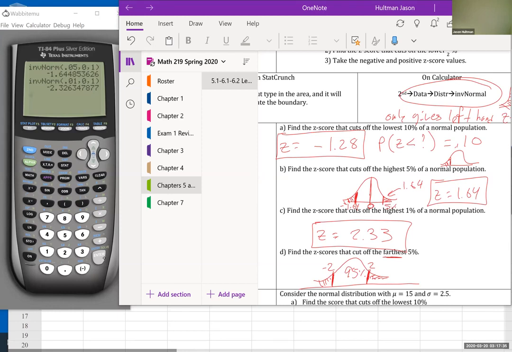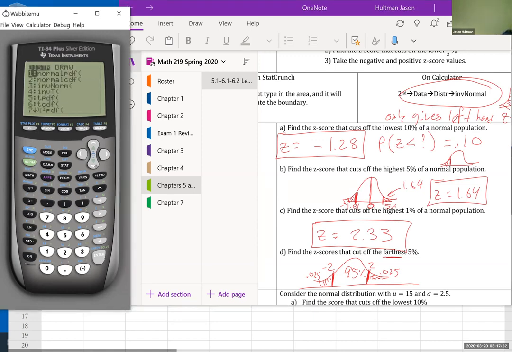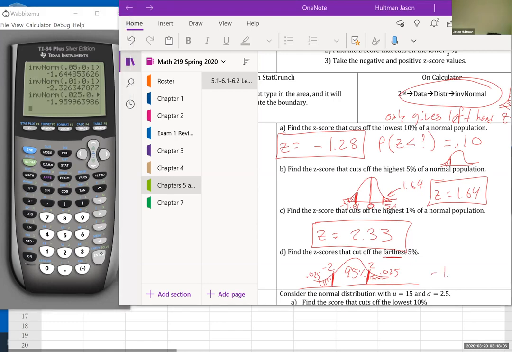If we use the calculator, this would be 0.025, and this would be 0.025. Those would be the percentages. So if I use inverse norm, vars, okay, inverse norm, for 0.025, I get negative 1.96, which is pretty close to negative 2.